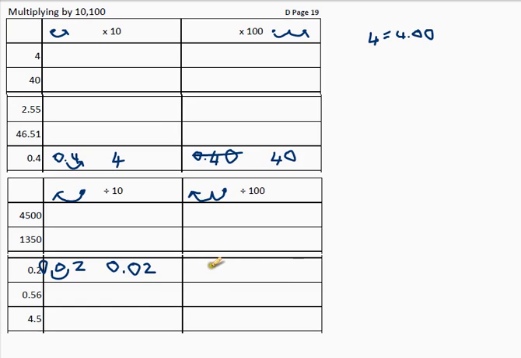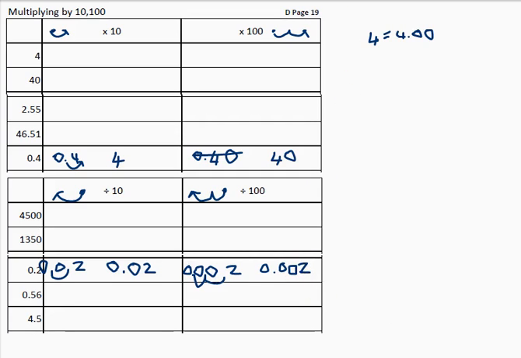So if you have 0.2, it's actually quite useful now to go and add 2 zeros at the front. We don't usually write a number like this, but it's just to help us now. We're moving it back 1, 2. So my new point is there. So it's going to be 0.002.